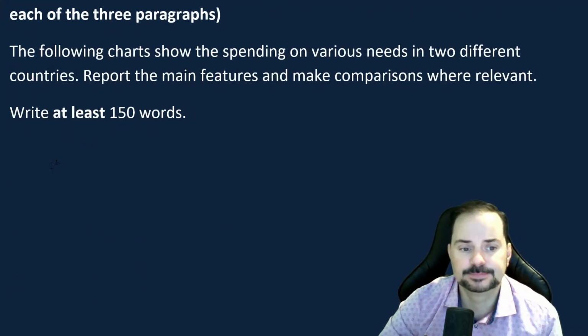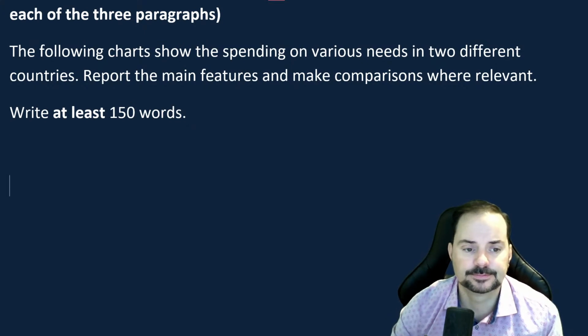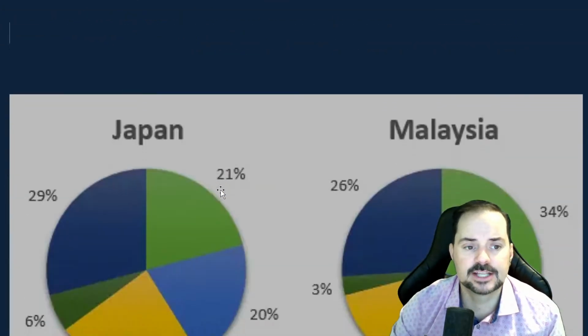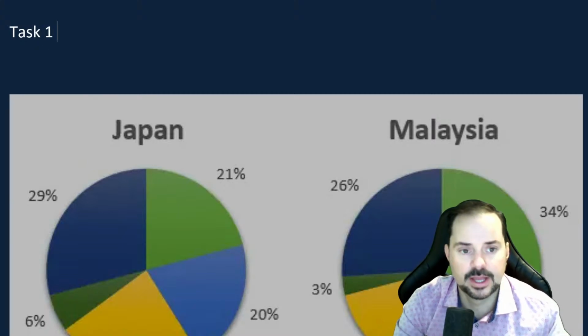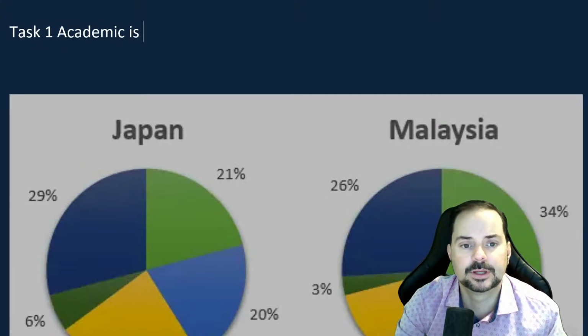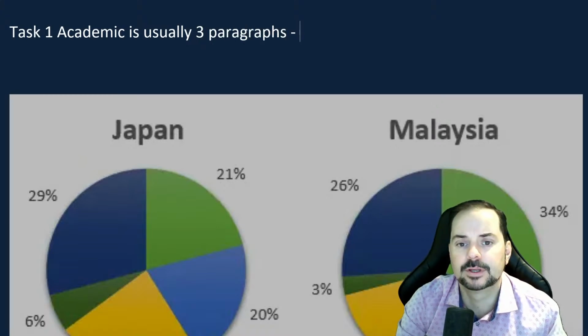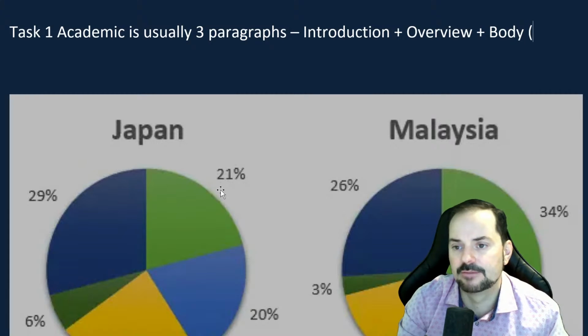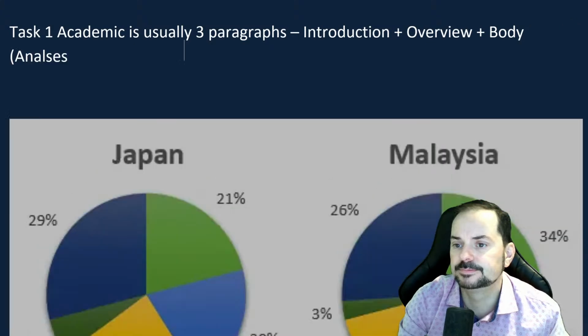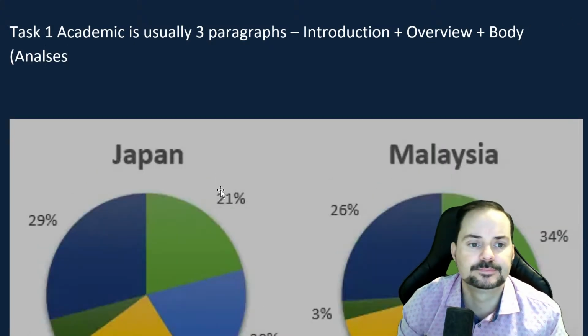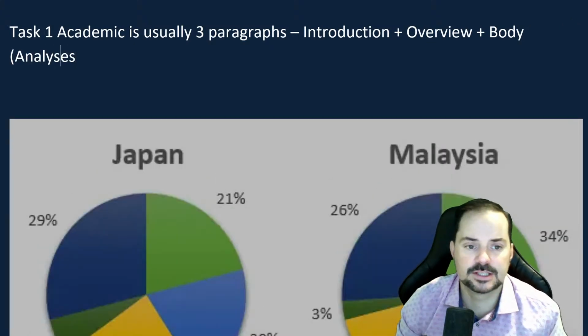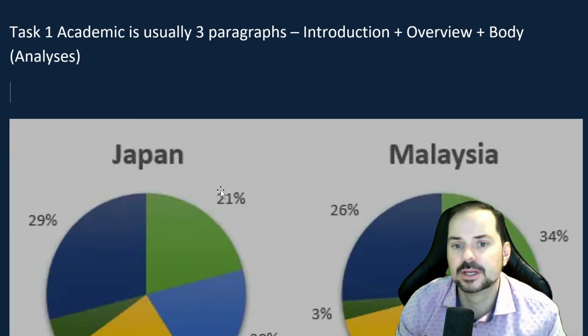So task 1, academic, is usually 3 paragraphs. It's an introduction plus an overview plus a body paragraph, which is basically analyses. Analyses, plural, yes. Right? So that's what you do.